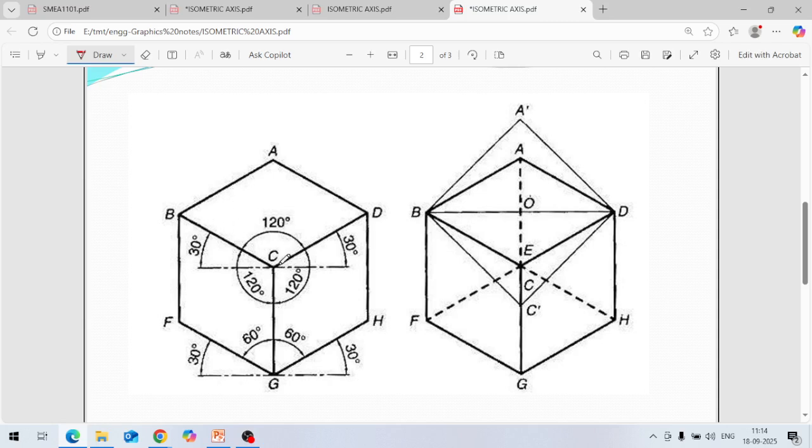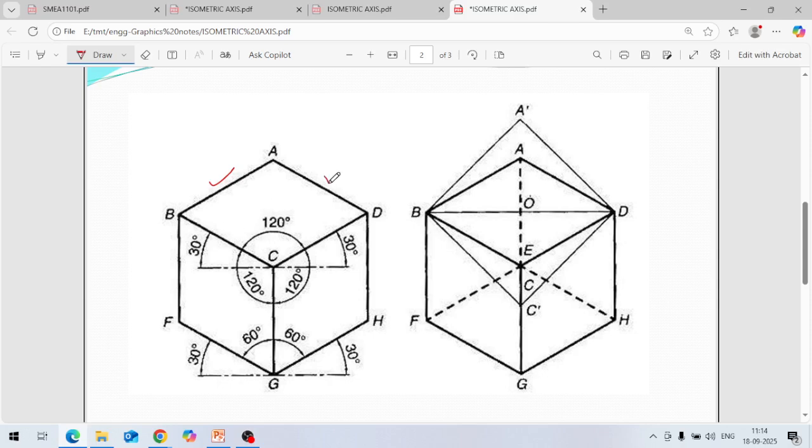Any line which is parallel to the isometric axis is an isometric line, just like line AB. This line AB is parallel to the axis, so this is our isometric line. Similarly, if we see CB, this axis, parallel to it is AD.